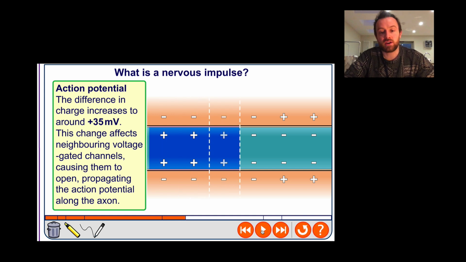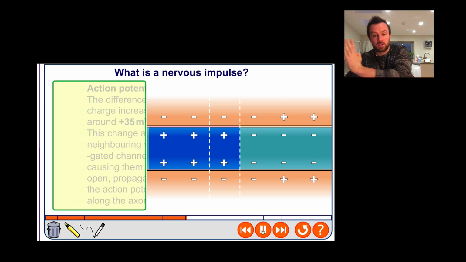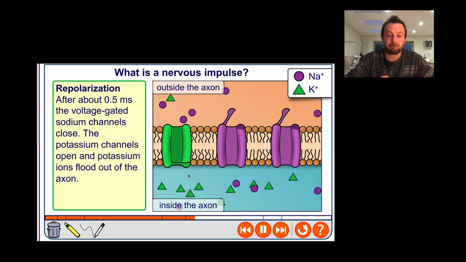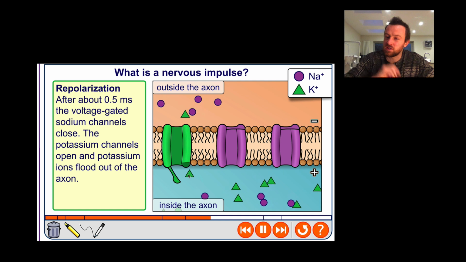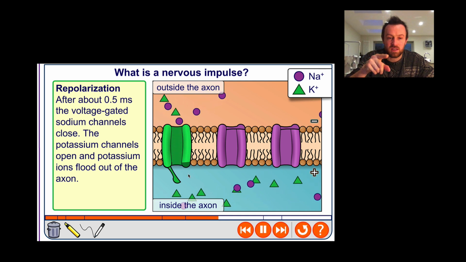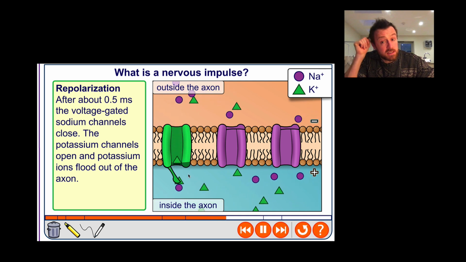But the action potential is an all or nothing response, and it can only move in one direction down the axon, okay? Because this part of the axon here, as we talked about before, would be in its refractory period. So it can't be depolarized again, and the action potential moves this way. Repolarization occurs when the sodium channels close, because they've got that kind of timing mechanism. This says 0.5 milliseconds.